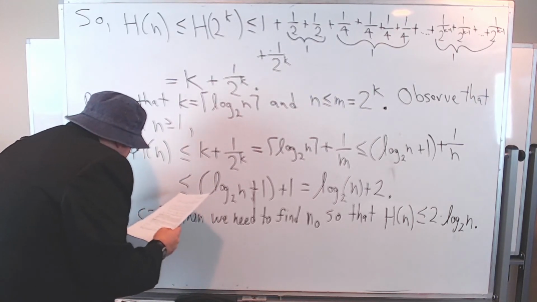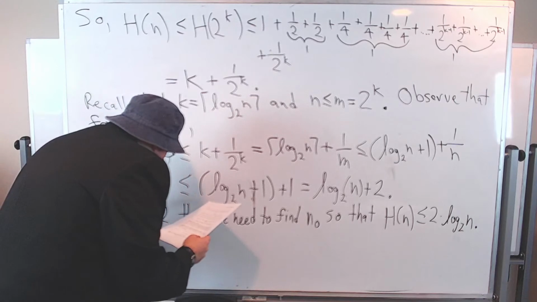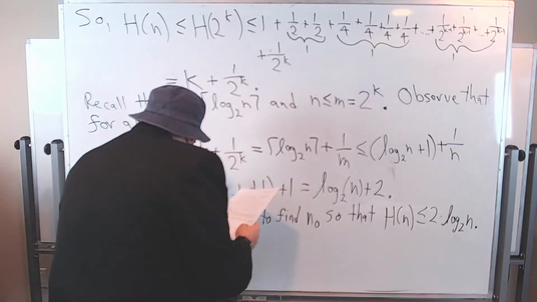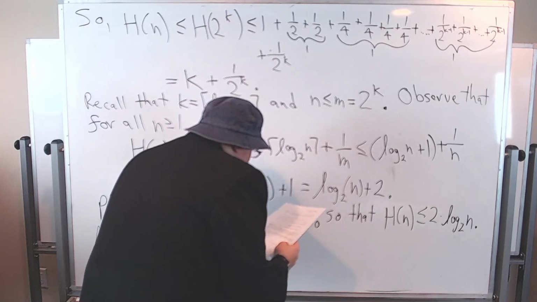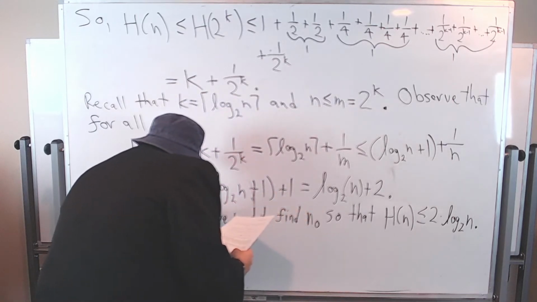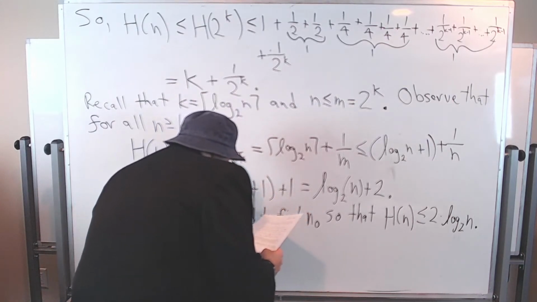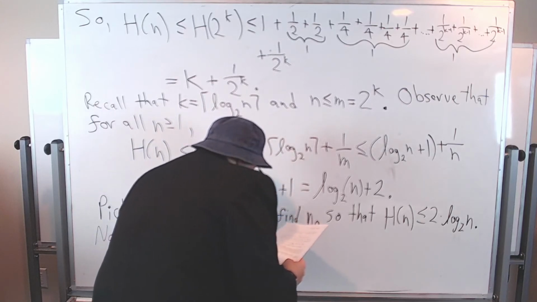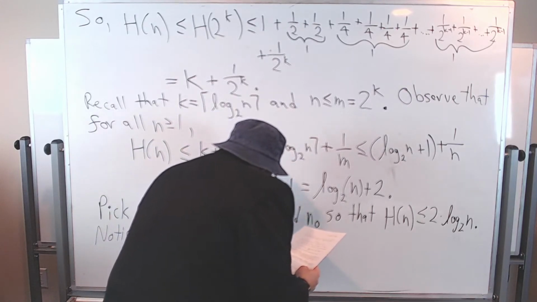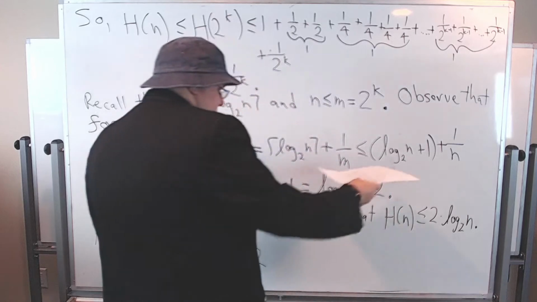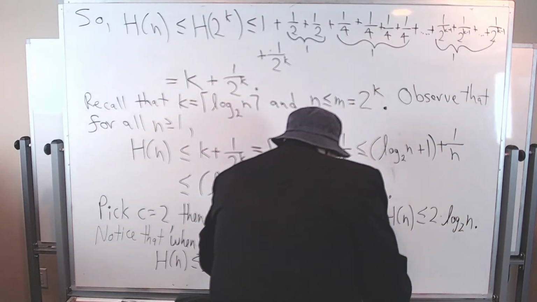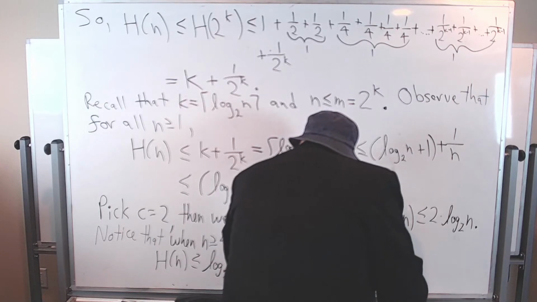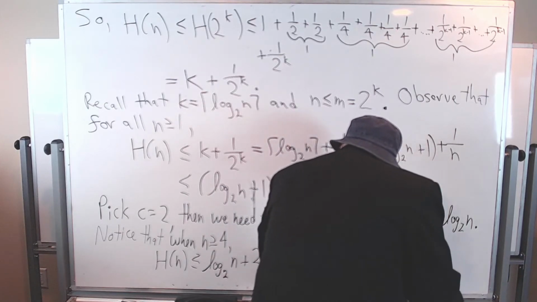So notice that when n is greater or equal to 4, h of n is less than or equal to log base 2 of n plus 2, right? That's what we have right here, which is less than or equal to log base 2 of n plus log base 2 of n.